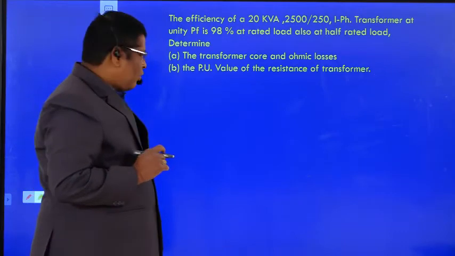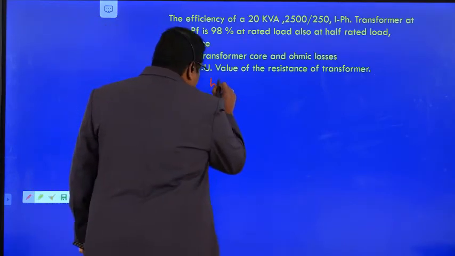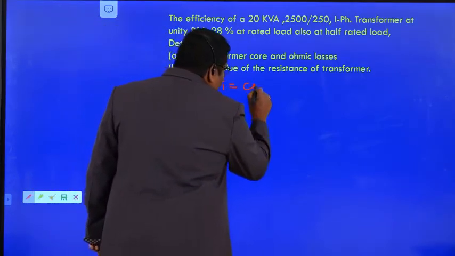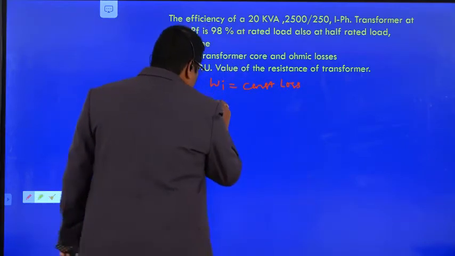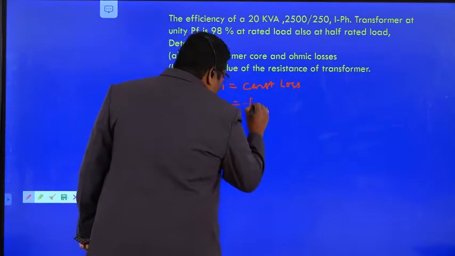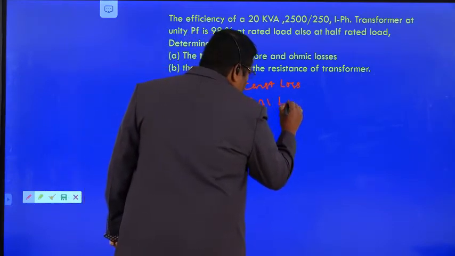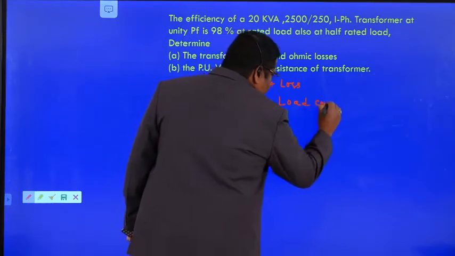Let Wi be the constant loss or iron loss, and Wc the full load copper loss.